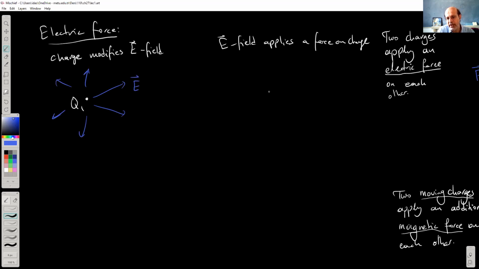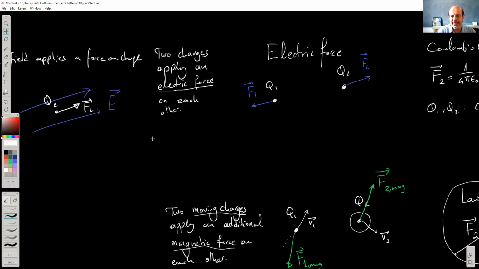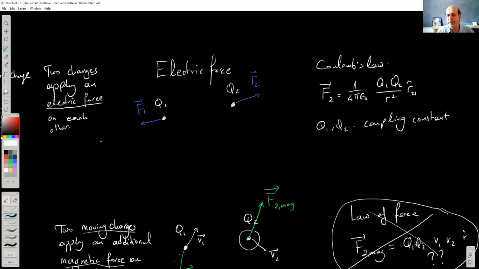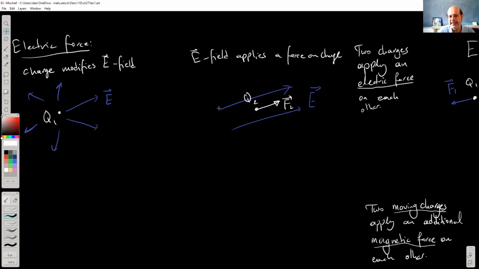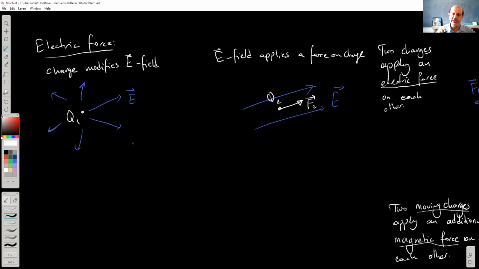And moreover, if there's an electric field in here, which is probably produced by some other charge, and if I place a second charge in here, then there will be a force applied on that charge, all right? So that's F2, for example. So instead of describing this as a force between two charges, we basically describe it as an interaction between charges and the electric field.